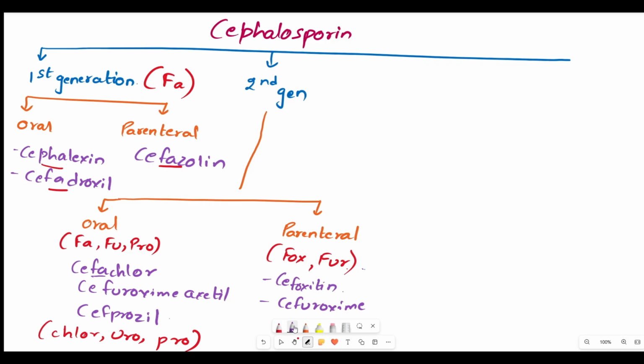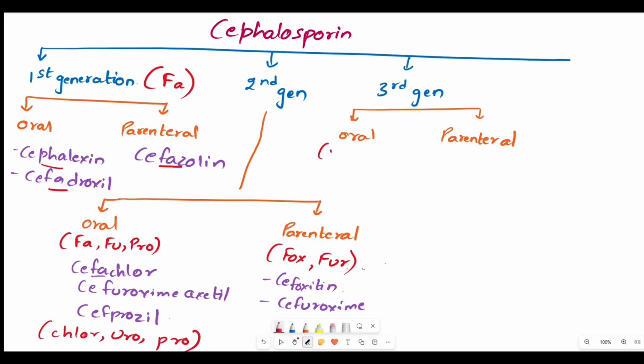Now coming back to the third generation. This third generation is again divided into two classes: one is oral and one is parenteral. For the oral class, I'll give you some terms.